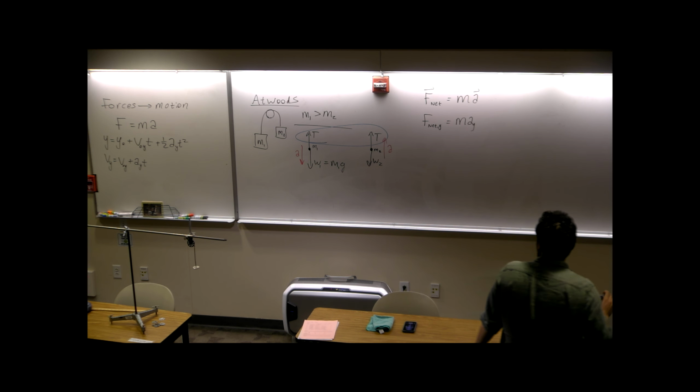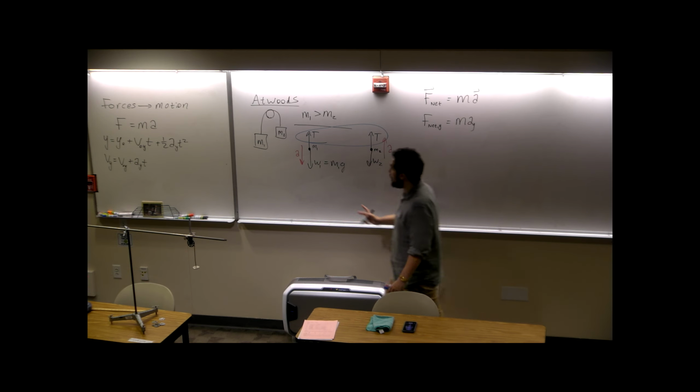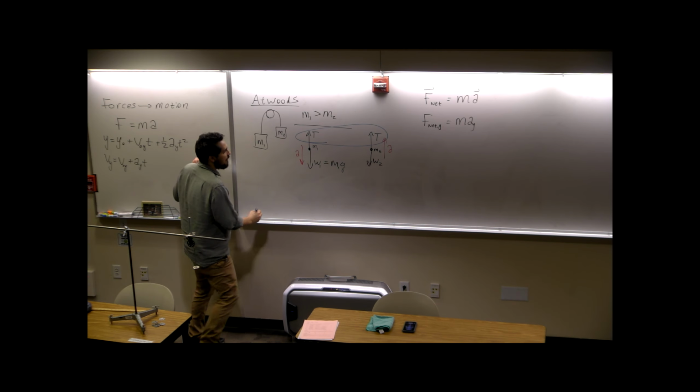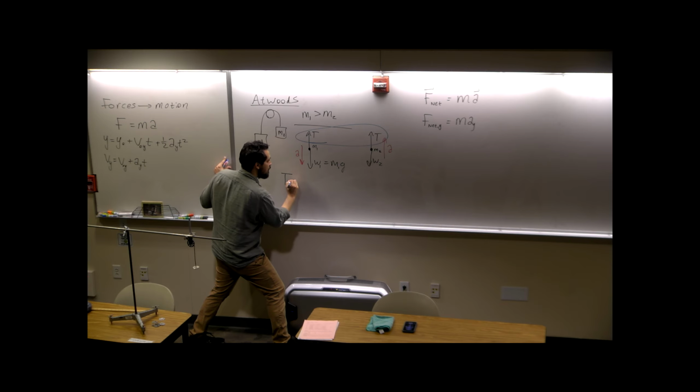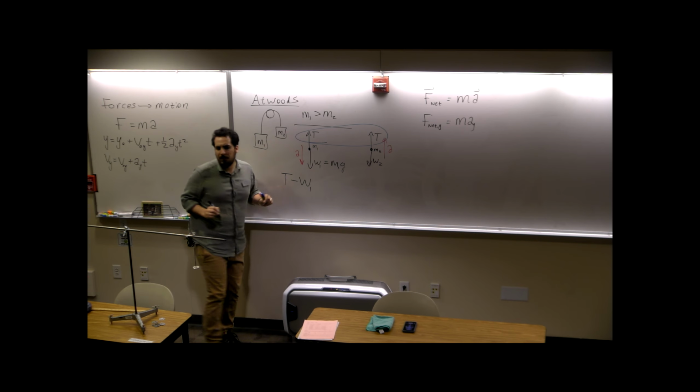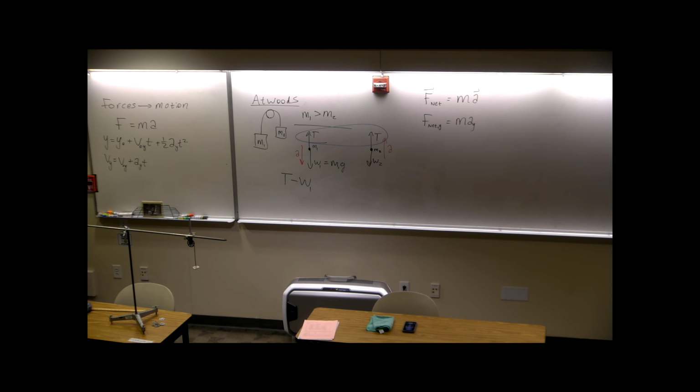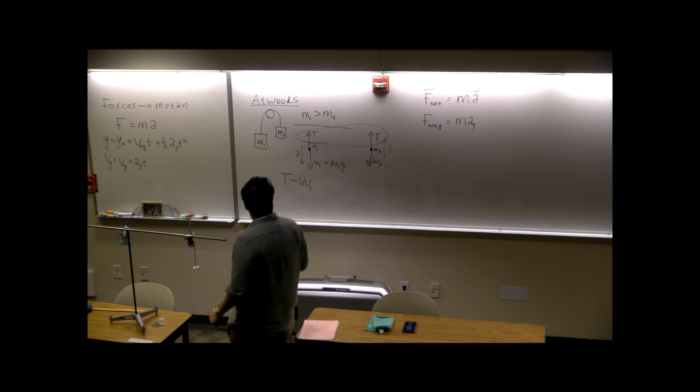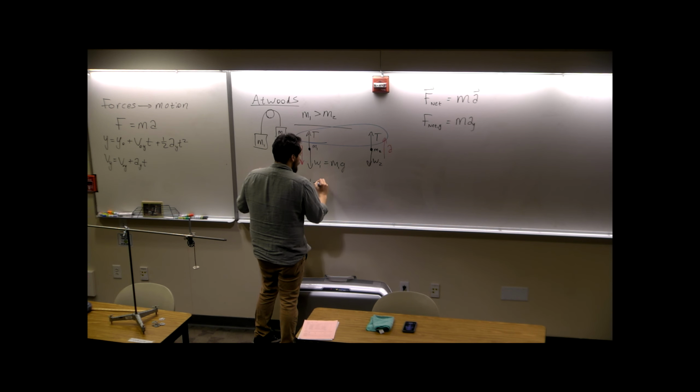We apply it to the free body diagram for mass 1, and it's going to tell us our vertical forces, tension minus weight 1. Why did I put the negative there? It's going down. What's going downwards? The weight, the force, right? It doesn't have to do with the acceleration. The force of weight is going downwards. That's why the negative is there. We say that equals mass times acceleration.